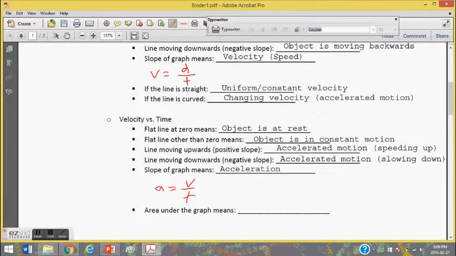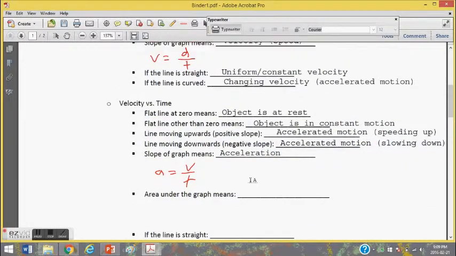Cool thing with this, for teachers, and students don't always appreciate it as much, if you have a velocity versus time graph, you can calculate the area underneath it. And the area underneath it means the distance the object has traveled. Okay? And here you have to look a little bit at the units.